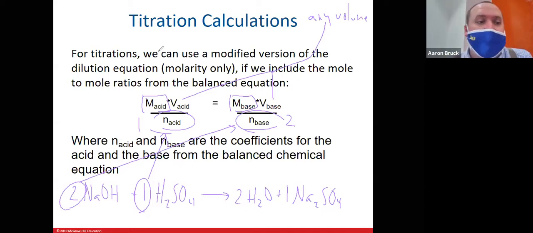And so the nice thing is that since we can keep it in milliliters, we don't have to turn it into liters first to find the number of moles. That's really helpful. Again, it makes the calculations considerably easier, considerably faster.